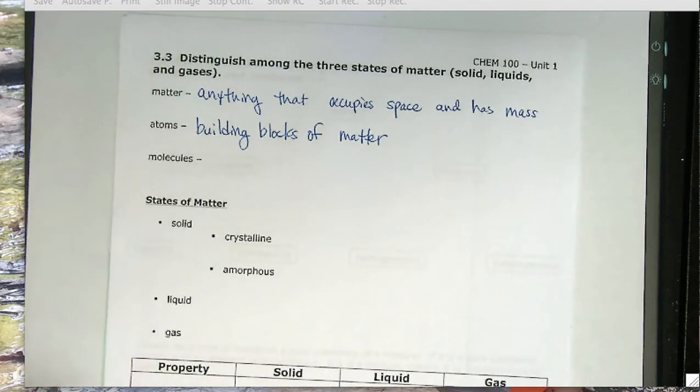Did you say everything is made of atoms? Yes. So is there no place in space where there are no atoms, or do we not know? That's a good question.